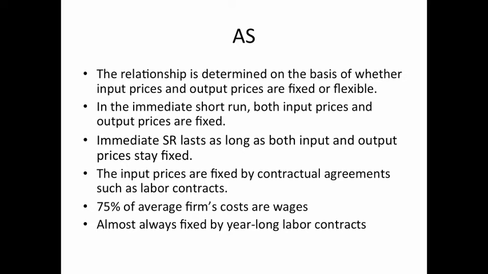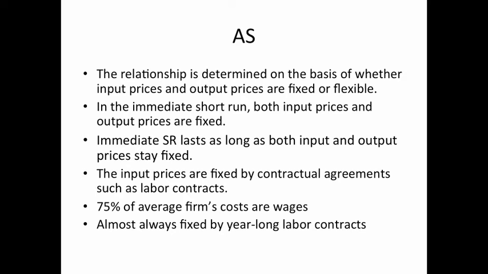So why are we making this assumption? Why make input prices fixed? Well, lots of input prices are fixed by some contractual agreement. Again, we mentioned labor. Labor is an input, a resource into producing the good. And a large percentage, about 75% typically, of a firm's total cost of producing a good are wages. So wages are the most important of all the inputs. And often wages are set contractually.